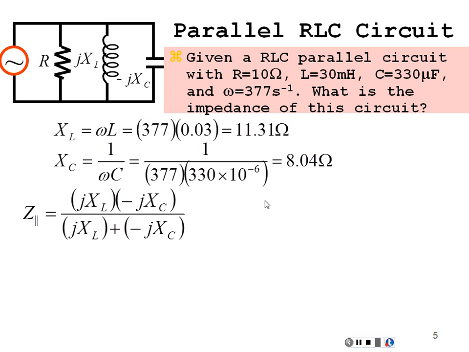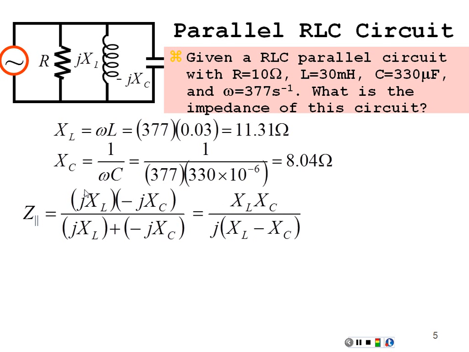So, if we do the parallel combination of these two reactances, we would have J X_L times negative J X_C over J X_L plus negative J X_C, using the techniques of Chapter 28, product over the sum for a parallel combination.